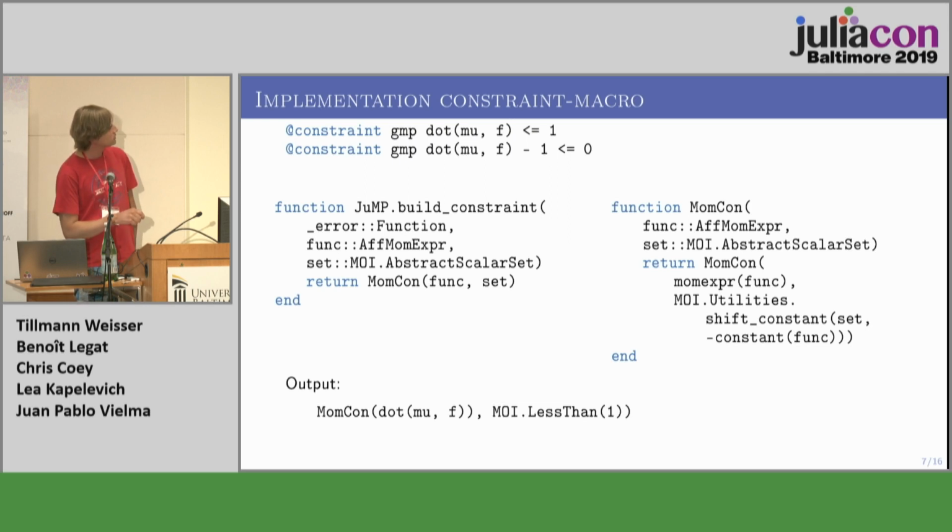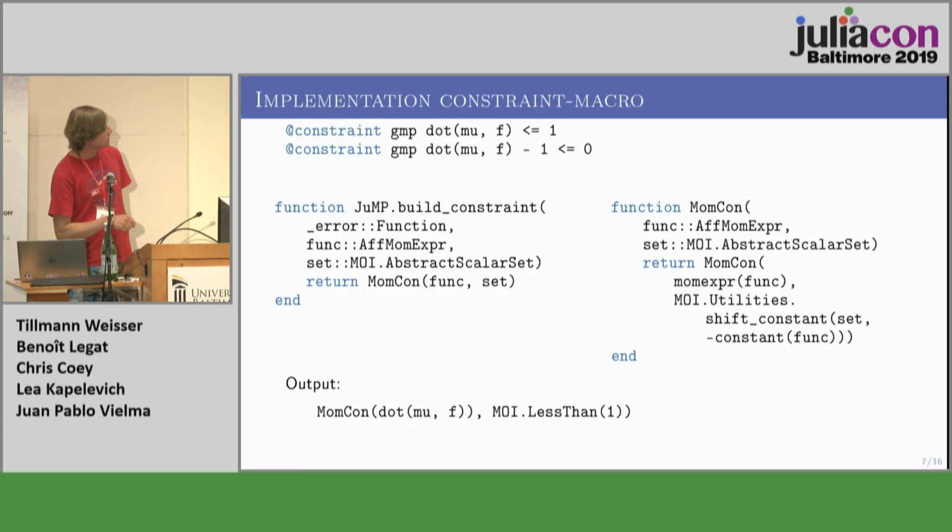So this moment constraint of affine expression would call this function here, and it would return a moment constraint with the moment expression on one side and being in the set where the constant is shifted into the set. So the output, if I enter one of those two, the constraint which is added would actually be the dot of mu and f, and then MOI less than 1.